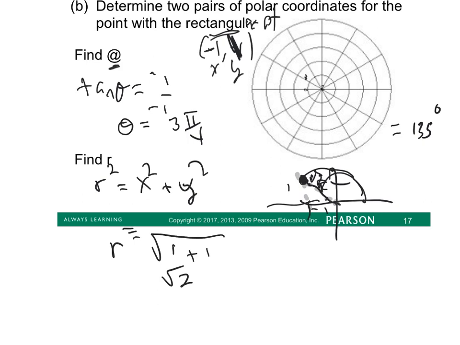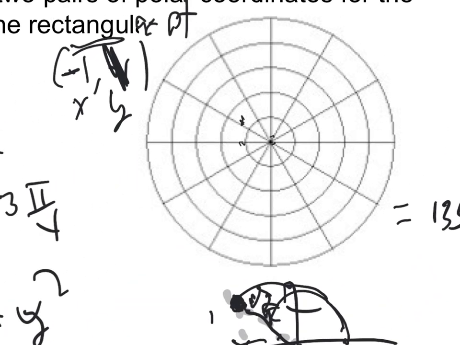So graph that. Let's see, my point, I'll call it point C, just because. Why not? R, theta: square root of 2, comma, my r, and my theta was 3 pi over 4. So square root of 2 is how much?